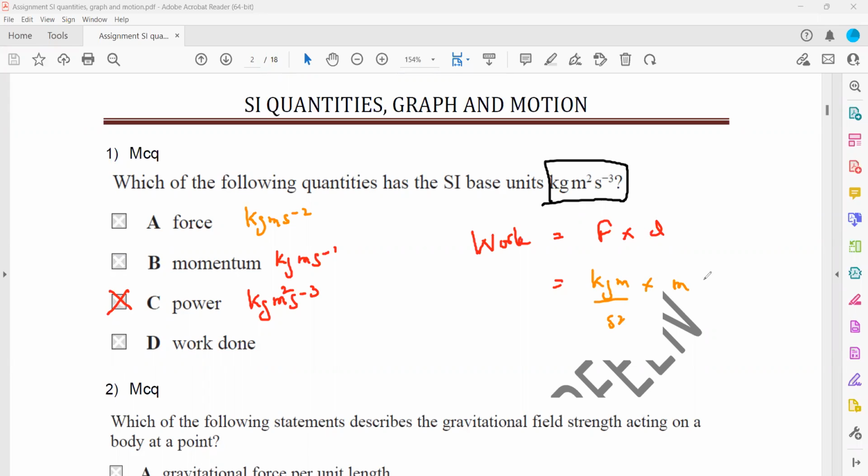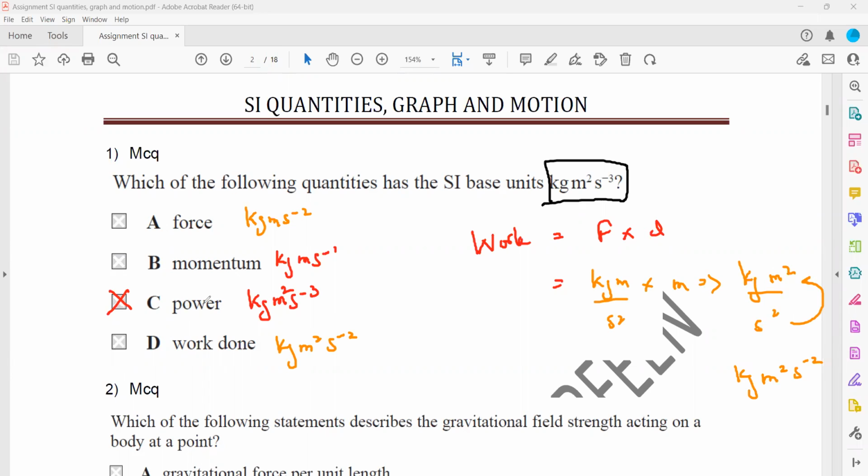And then distance is in meter. When we simplify, this will turn out to be kilogram meter square by second square. Second square is in the denominator, so it moves to the numerator. So this will be kilogram meter square second raised to power minus 2.